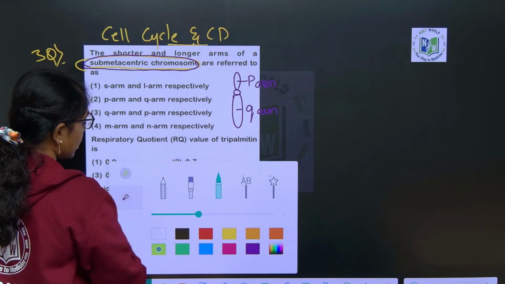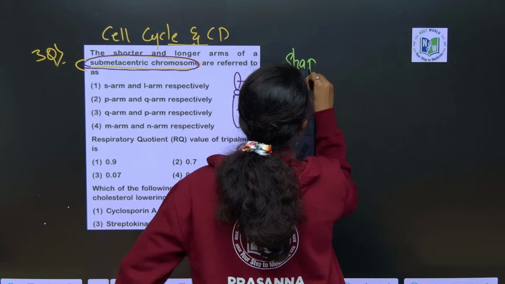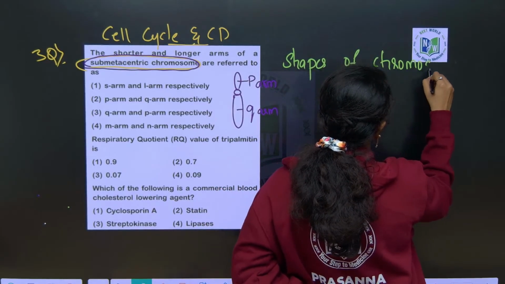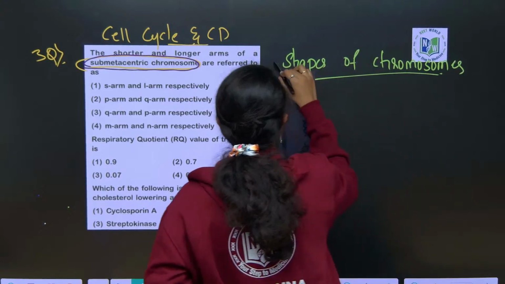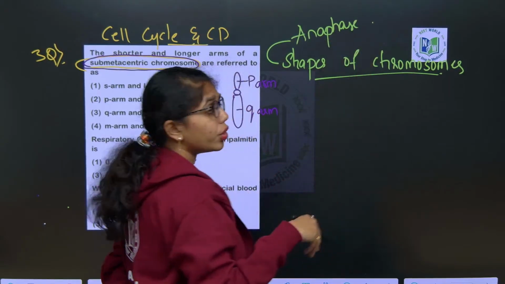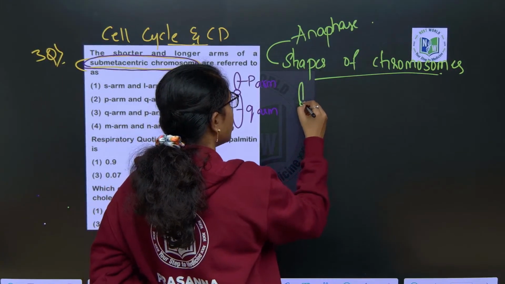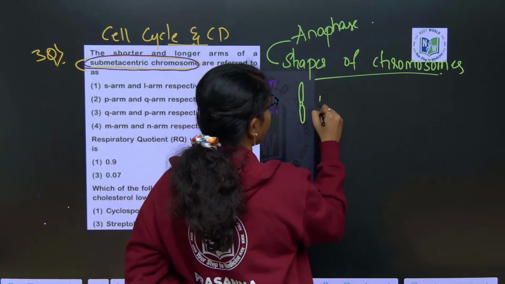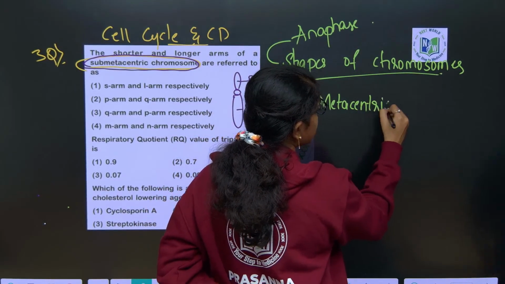Now we will exercise the different shapes of chromosomes as well. You can see different shapes of the chromosomes clearly during anaphase of cell division. If the chromosome has two equal arms, we call it a metacentric chromosome.